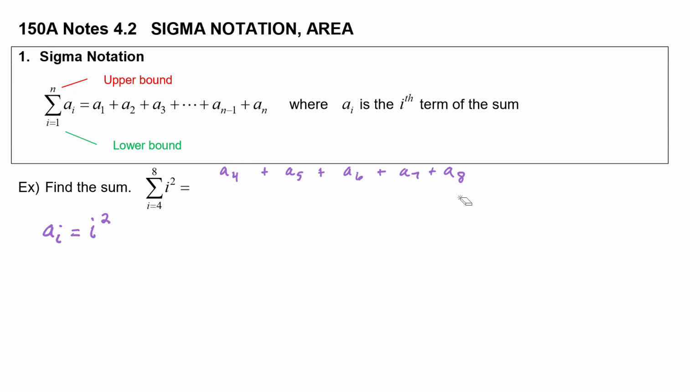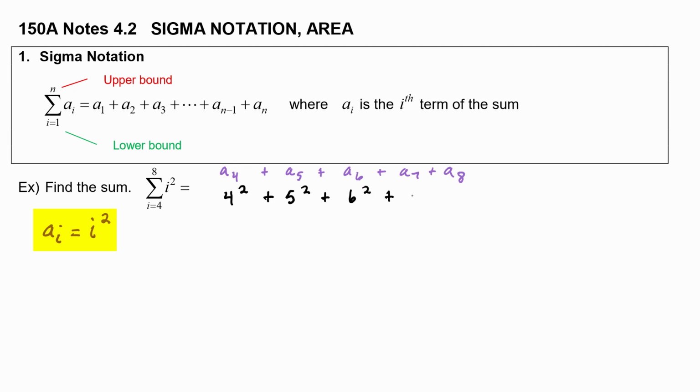And to figure out the value of each of those terms, take the term number, the i, the subscript, and we square it. So a4, just meaning the fourth term, is going to be 4 squared. And we have to add to that the fifth term, which is 5 squared, and the sixth term is going to be 6 squared.